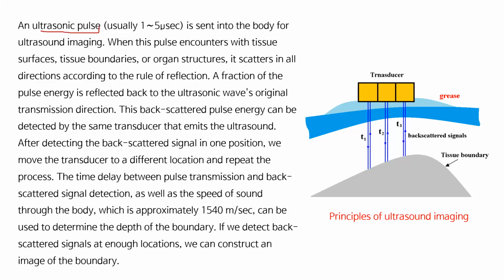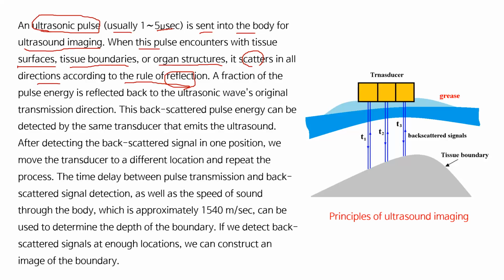An ultrasonic pulse, usually 1 to 5 microseconds, is sent to the body for ultrasound imaging. When this pulse encounters tissue surfaces, tissue boundaries, or organ structures, it scatters in all directions according to the rule of refraction.